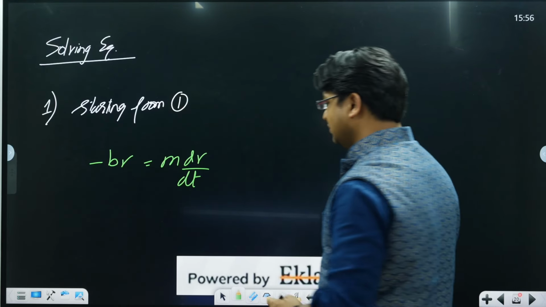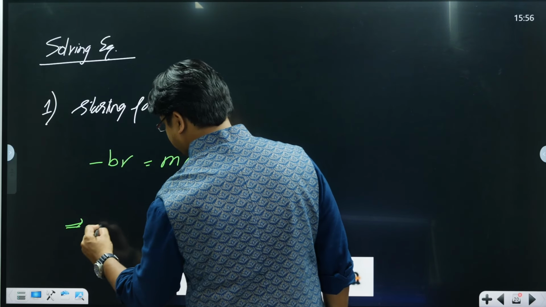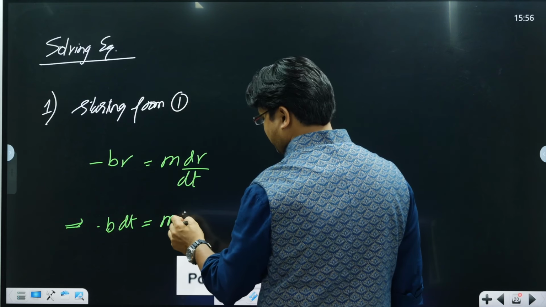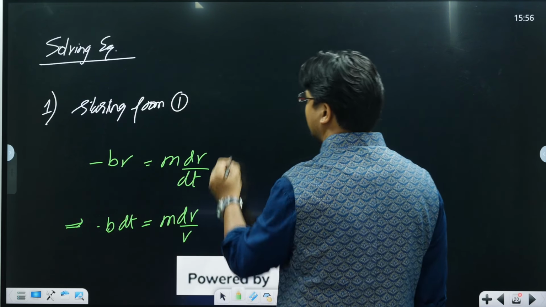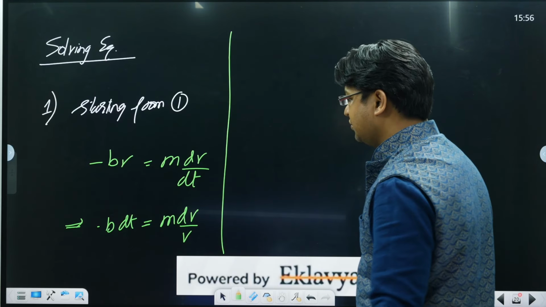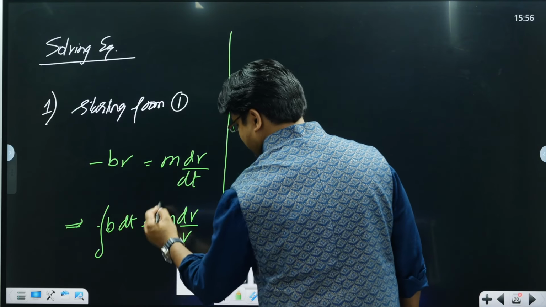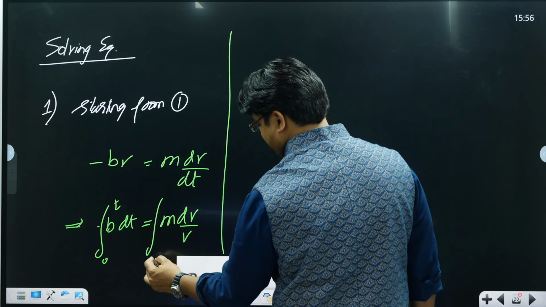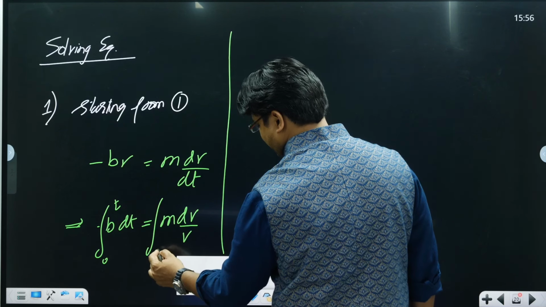Now this will become minus B dt is equal to M dV by V. Now you can integrate on both sides. The limit of time will go from 0 to t, and the limit of speed will go from u to v.